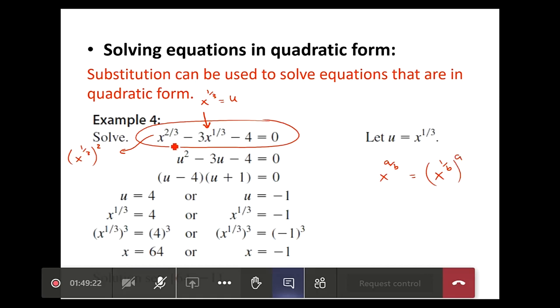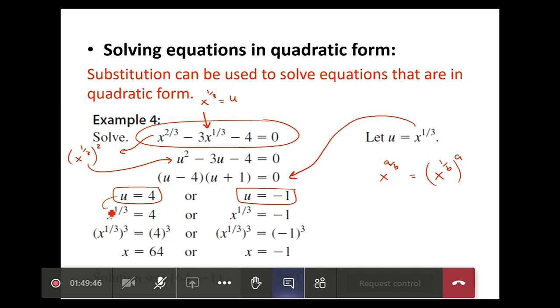So we have u square minus 3u minus 4. By factorization, we have negative 1 plus 1, so u equal 4 or u equal negative 1. But u we must replace by x.